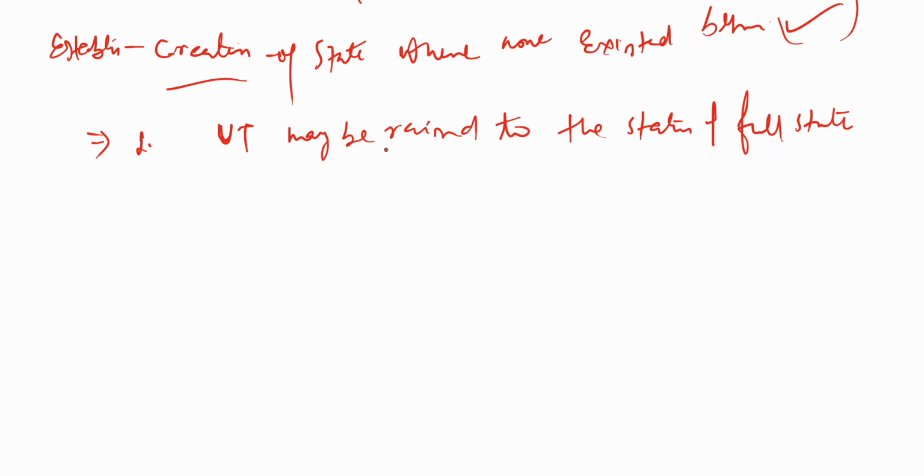This is an important thing. Here you are establishing a state, right? It was a Union Territory and you are establishing it. This is the first important point.